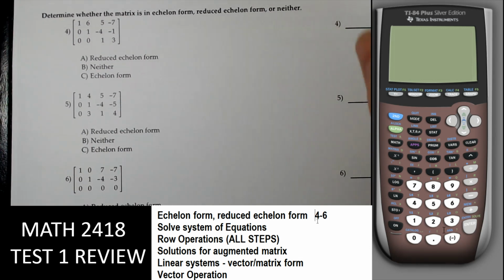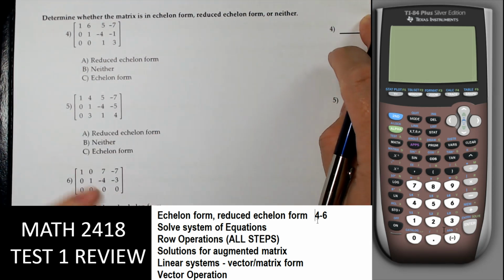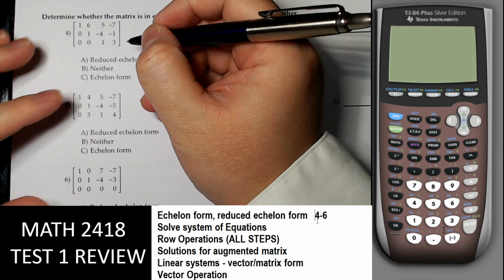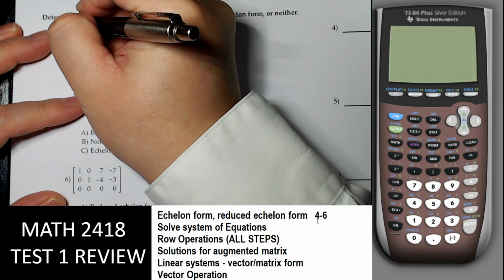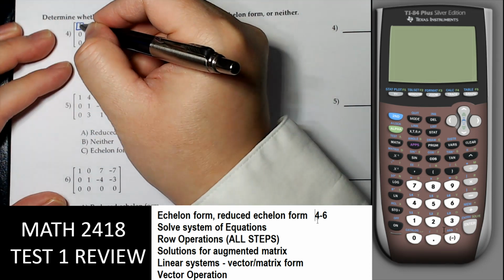So for the echelon form or row echelon form, we need to be able to locate the pivot entry. On the first one here, we see that this is a pivot. Then we go on the second row.